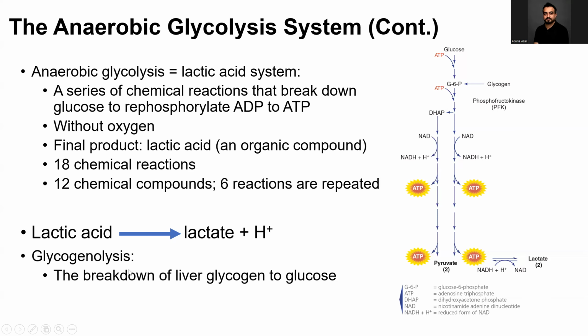The lysis part of glycogenolysis means breaking down. So, for example, glycolysis means breaking down of glucose, and glycogenolysis means breaking down of glycogen. Whenever you see lysis at the end of a word or a term, it means breaking down.